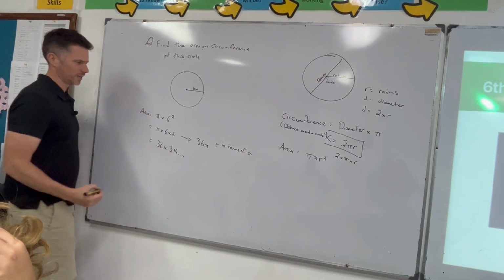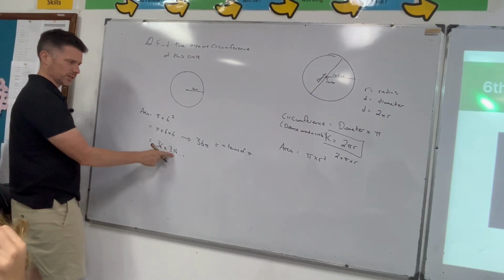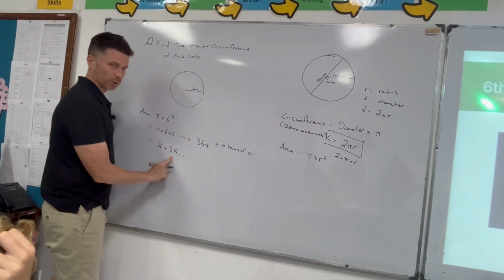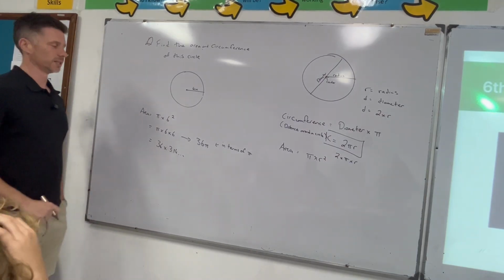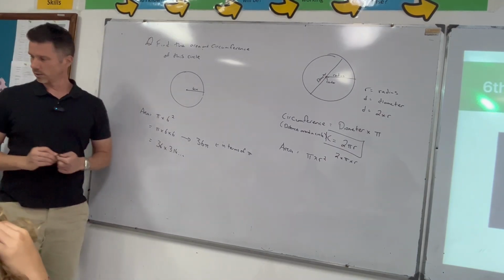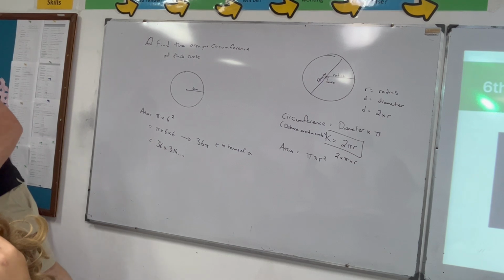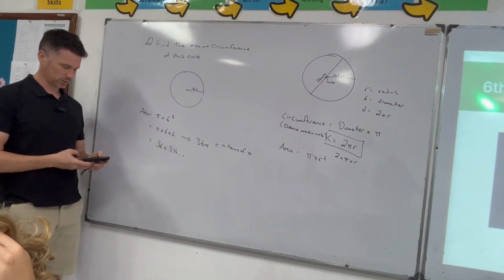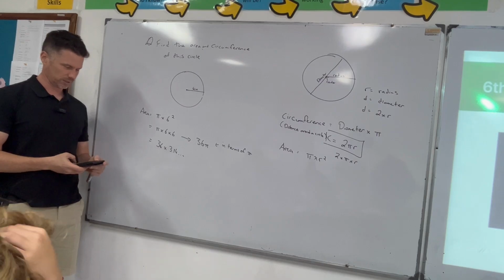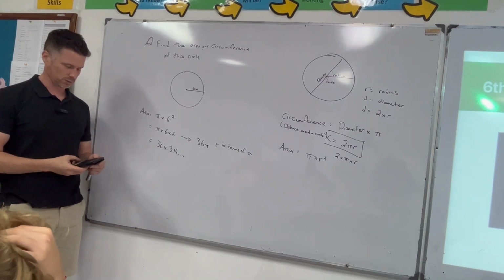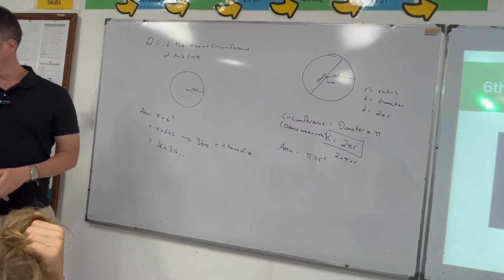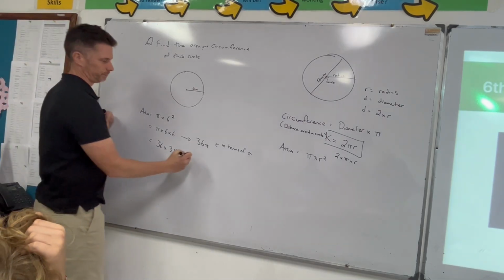How do I do that on my calculator? Well, most calculators have a pi button. If you don't have a pi button, you can just use 3.14, and that's pretty close. You're definitely going to need a calculator for this assessment, I think. You can do it without, but it's going to be easier with one, so you might as well get one. And you get around 113.04.